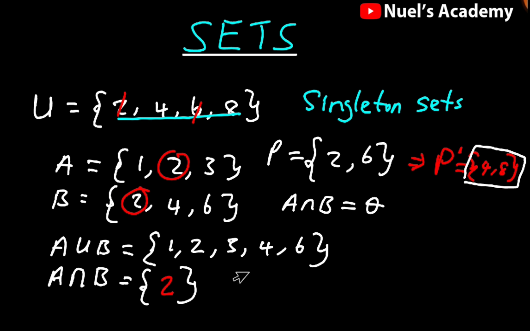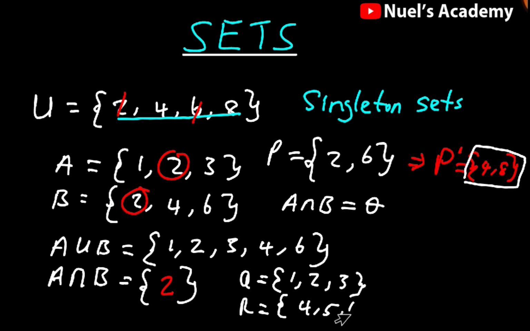For example, let's say that we have two sets, Q equals 1, 2, and 3, and R is made up of the following elements: 4, 5, and 6. If we try to find the intersection of these two sets, Q intersection R, this is going to be equal to the empty set, because they don't have anything in common.